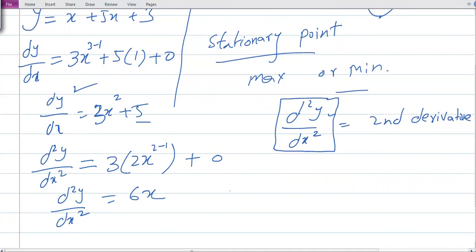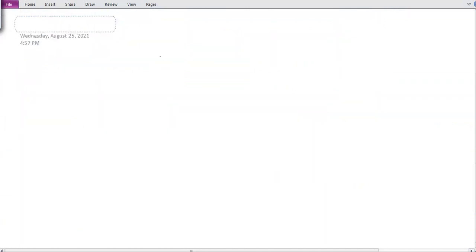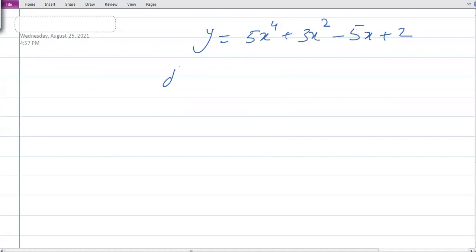Now let me give you an example and ask you to find the second derivative of this one. We have y is equal to 5x power 4 plus 3x square minus 5x plus 2. The question is find d2y over dx square.